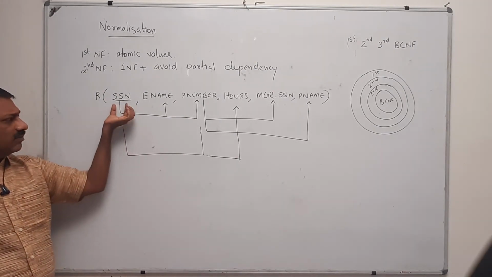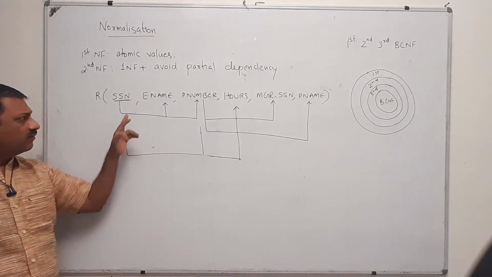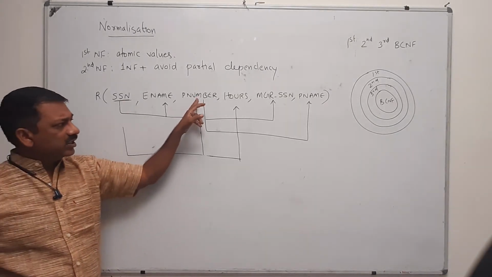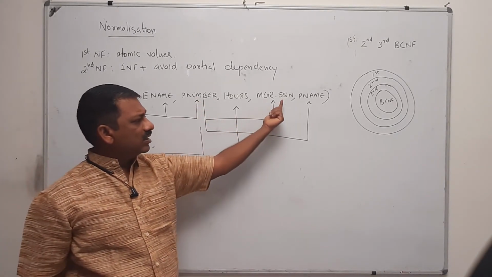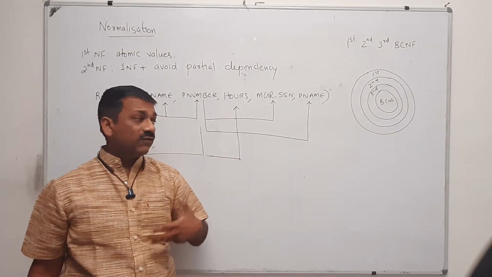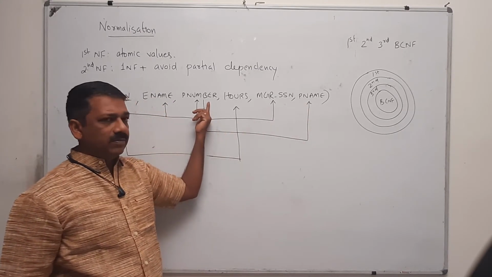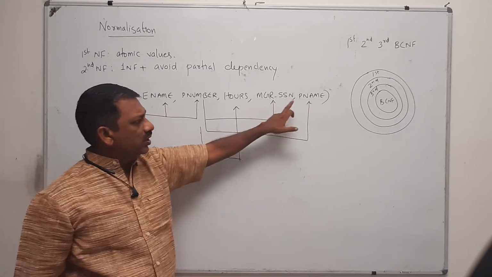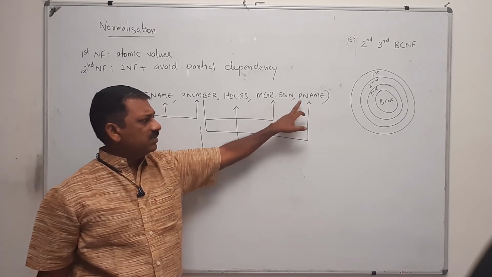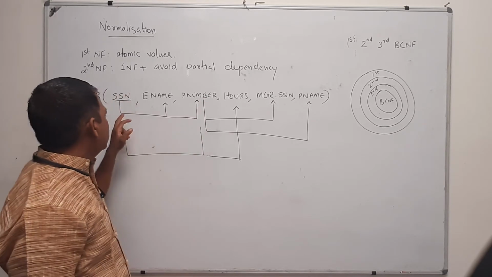So suppose that the employee is working on different projects, then different entries may be there for social security number and project number. This project number, this is the manager assistant. That means manager is there for a project, and project name is also dependent on project number.